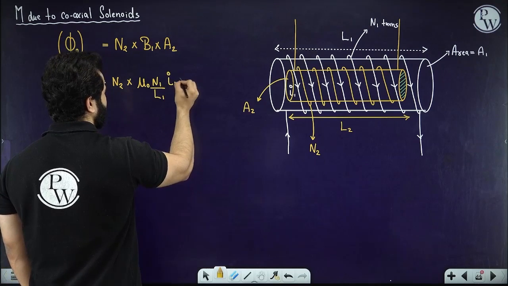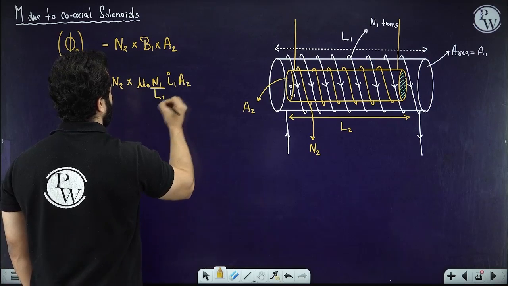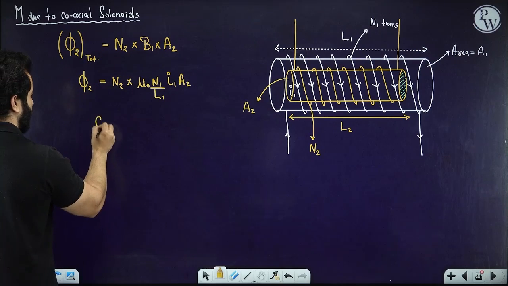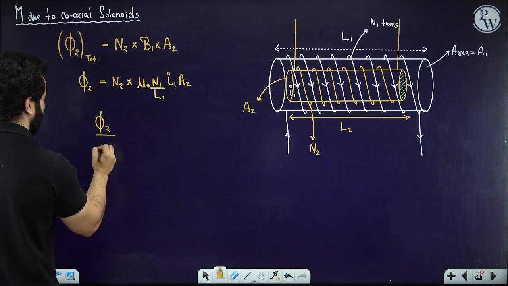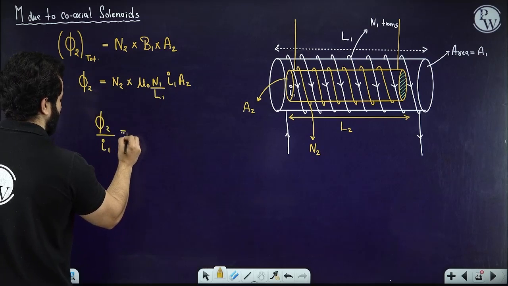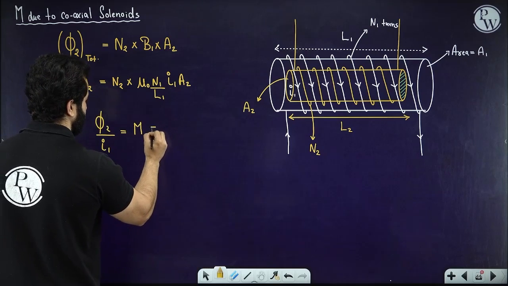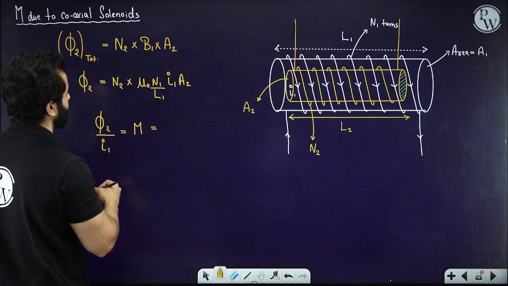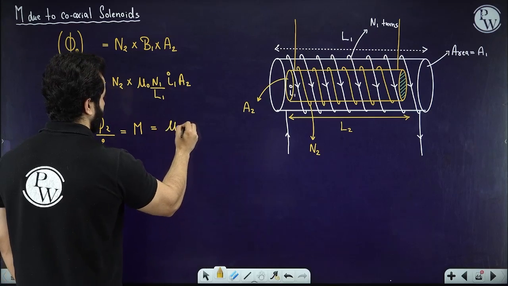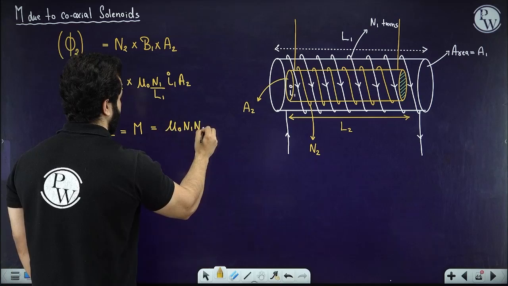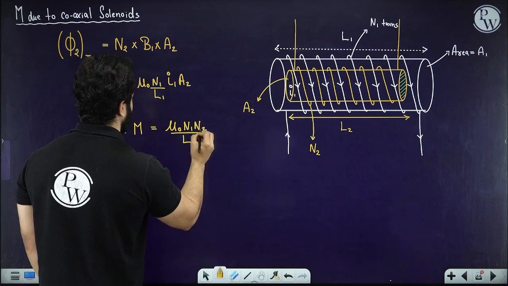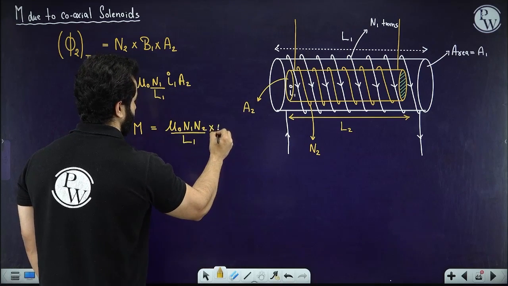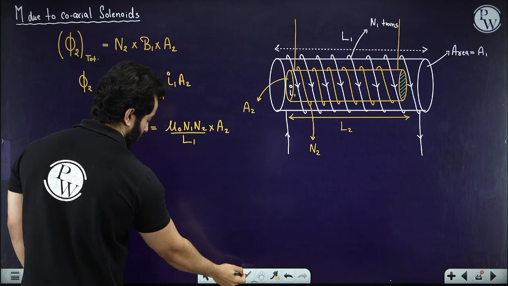You can simply write it as A2, nothing to worry about, right? So phi 2 divided by I1 will be your mutual inductance, and if you closely see, that will be mu naught N1 N2 upon length L1 times area A2. Have a look.